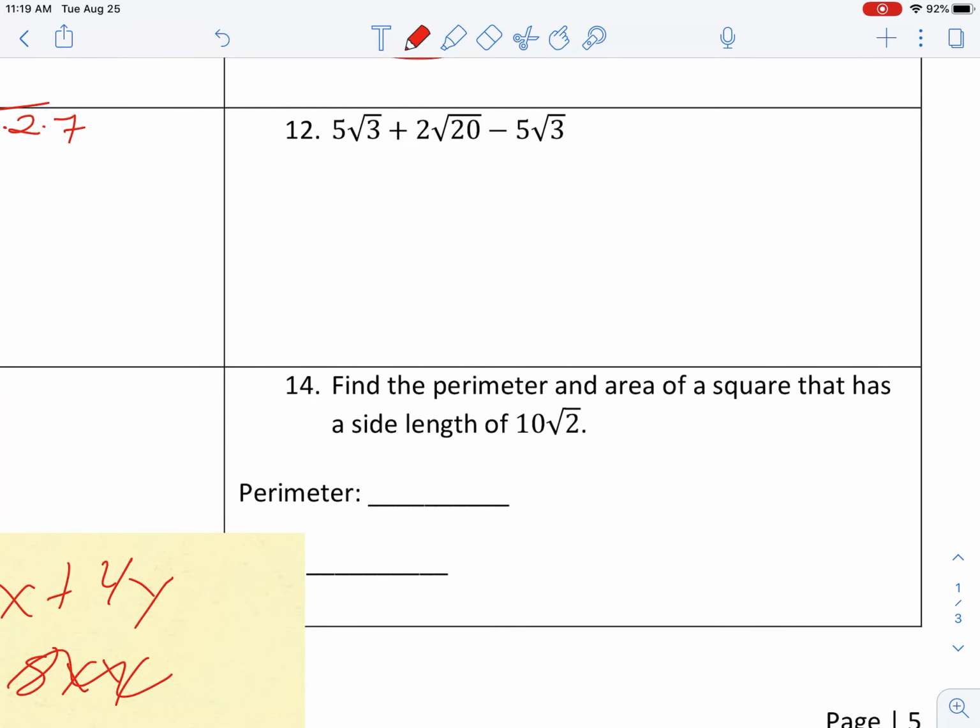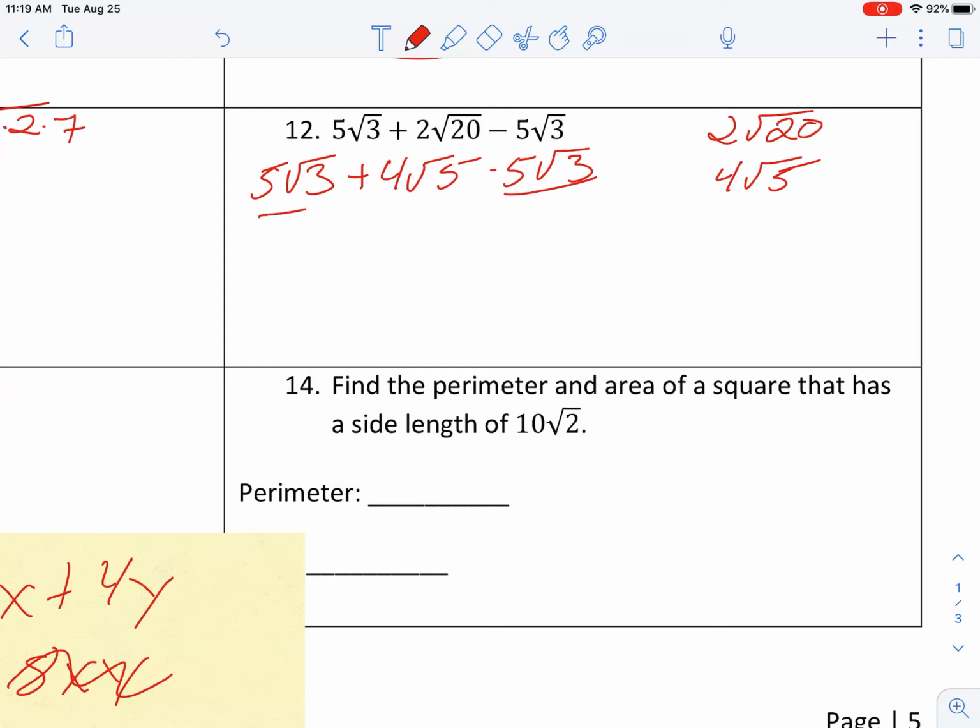5 root 3, 2 root 20 minus 5 root 3. So root 3s are obviously like terms, but let's simplify that 20 down. So 20, take it off to the side, simplify down 2 root 20. I think you eventually get 4 root 5. Like terms. Okay, those are going to combine together.